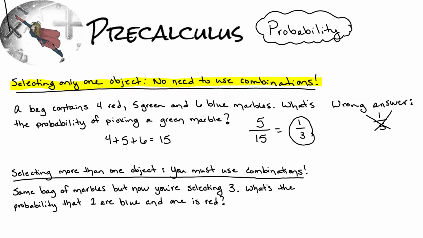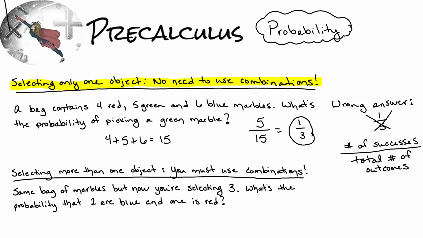And if you remember, the definition of probability is the number of successes, which is the 5 that are green, out of the total number of outcomes, which, since there's 15 marbles, that's the denominator for this problem.